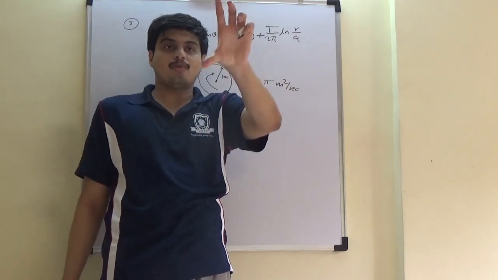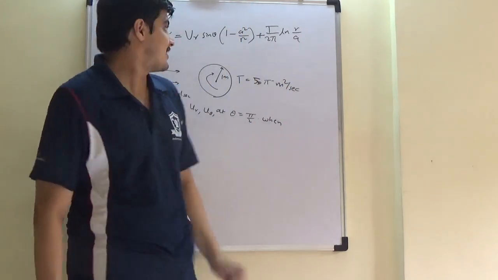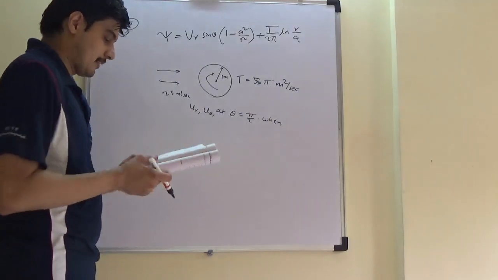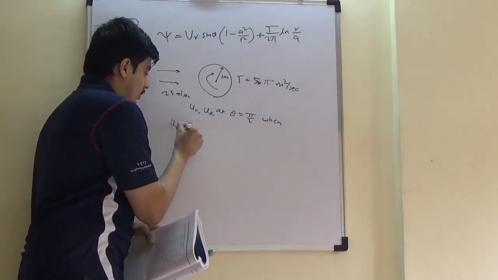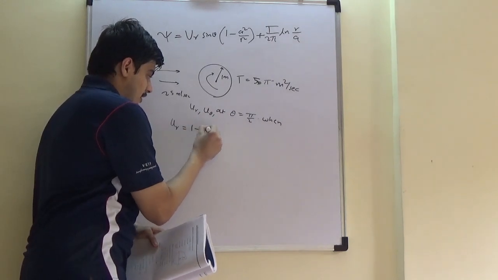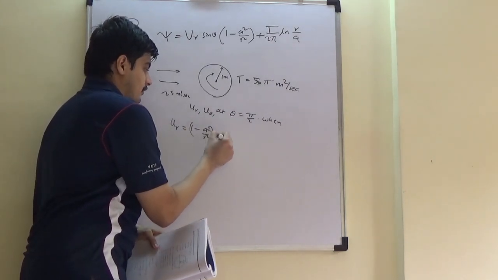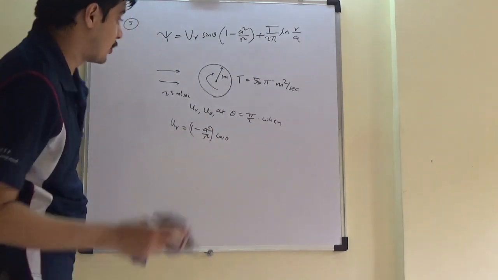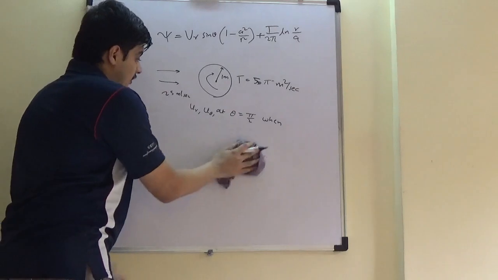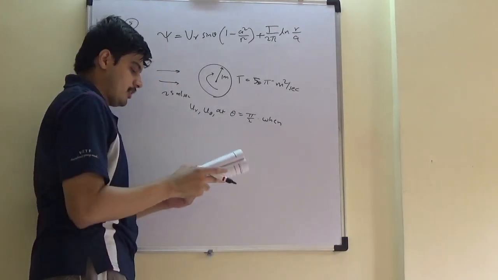Because circulation is also symmetric, theta independent. UR therefore is still U times 1 minus a square upon r square, cos theta. It is always 0. So the task left to us is to find out U theta.